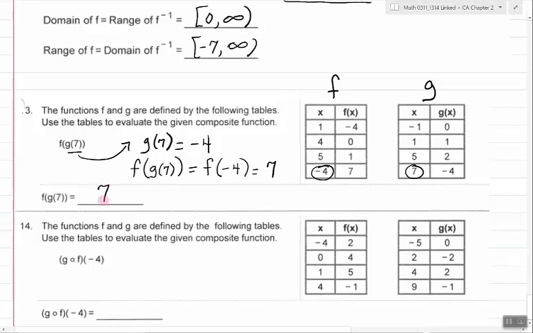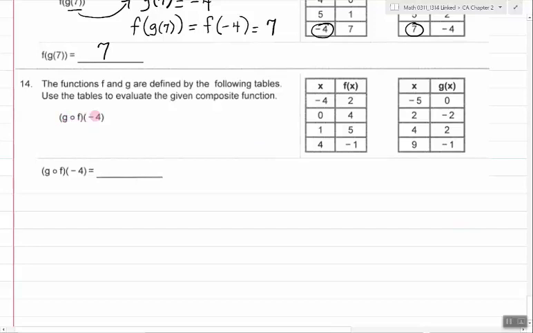Now, you might not be in awe of that, but I started with 7. I went through the g function, took that value, put it into the f function, and came back to 7. That is a characteristic of inverses. Remember, f composed with g of x is equal to x if they're inverses. So f of g of 7 is equal to 7 if they're inverses.